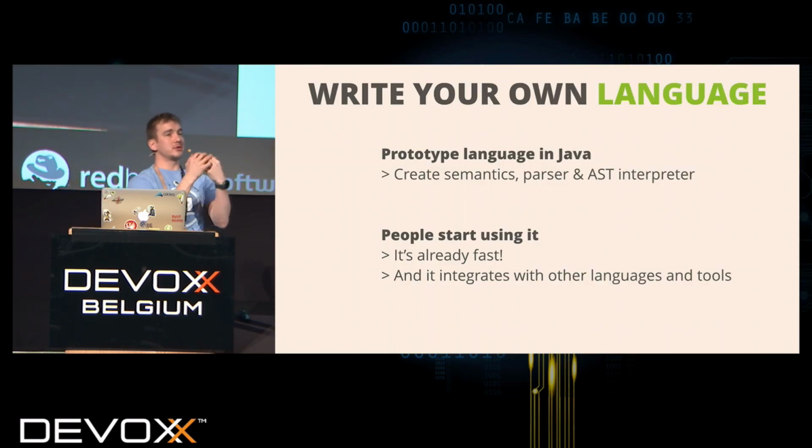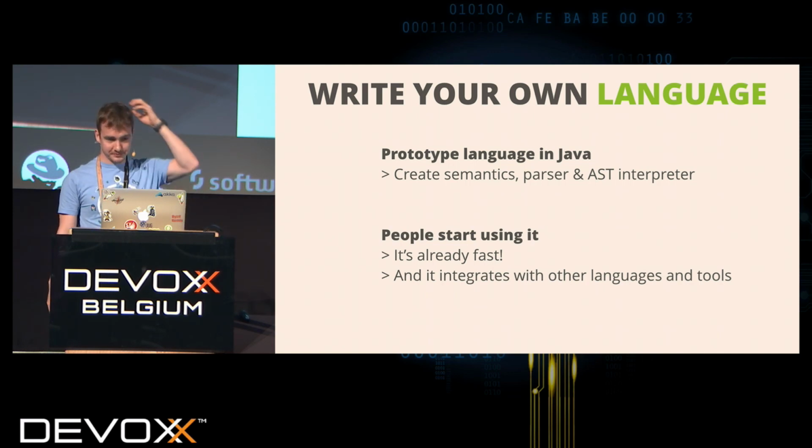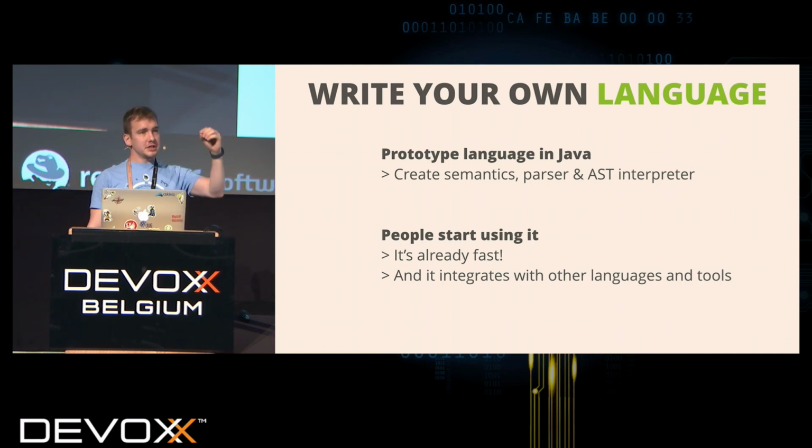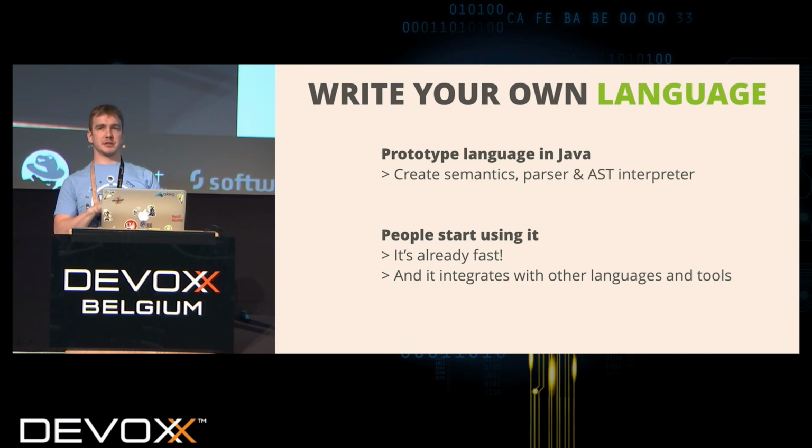So what we would like to have with the language, we would like to concentrate on the interesting parts and have all the rest offered for us for free, because we are cheap like that. Out of those stages that we saw before, we would like to prototype the language, preferably using Java, because this is the language that we use and know.